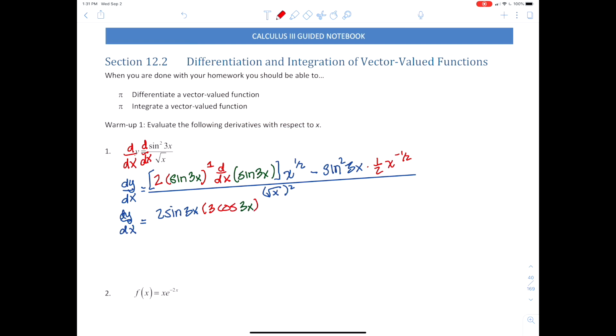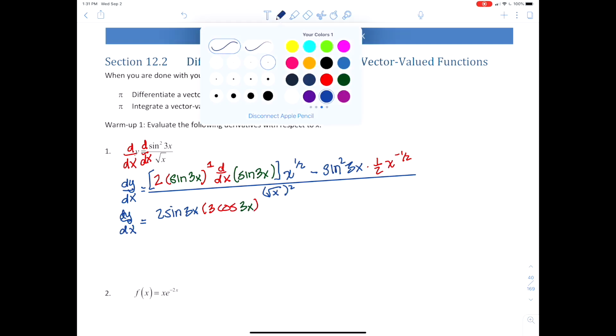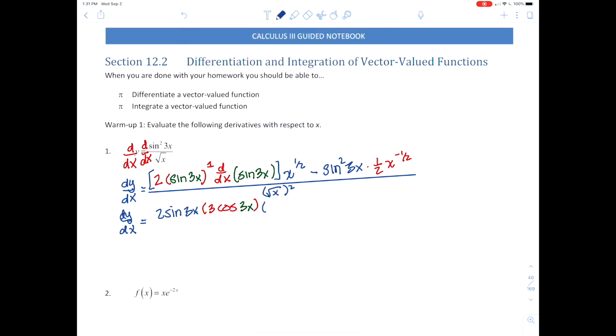All right, and this is all still multiplied by x to the 1/2. And now this one will be minus, I'll just clean it up a little, 1/2 x to the negative 1/2 times sine squared of 3x, all over x.